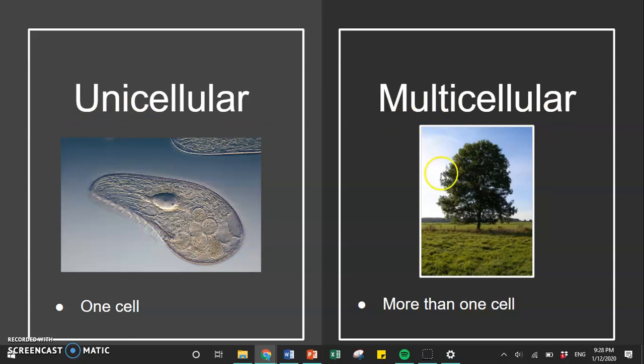Our example here is a tree. You are a multicellular organism, and so is a tiger. So it's anything with more than one cell. This is on a microscopic level, and this is on a much larger level. And of course, there are organisms with all kinds of different numbers of cells, but they are all multicellular if they have more than one.